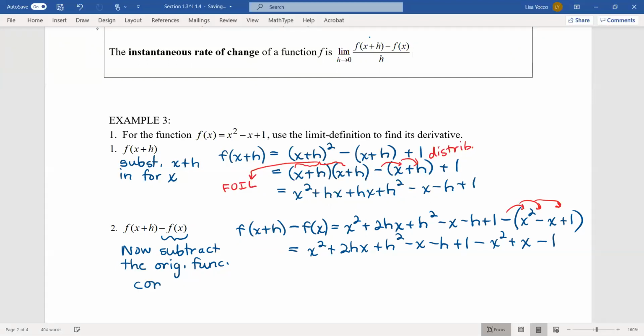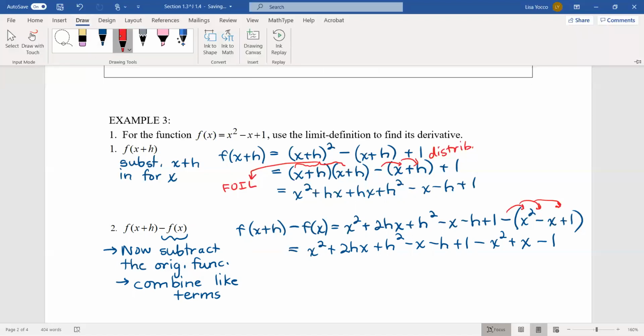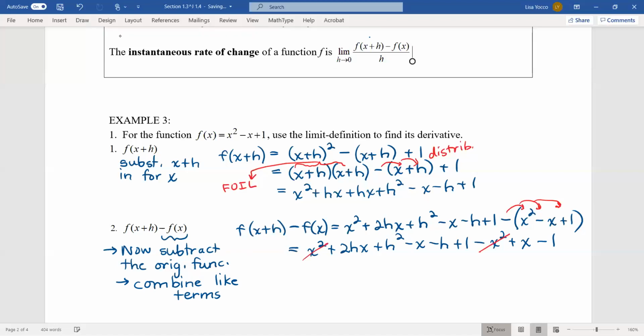And at this point, I should be able to combine some like terms. Specifically, I've got an x squared and a minus x squared that cancel out. I have a minus x and a plus x that cancel out. And I have a plus 1 and a minus 1 that cancel out.